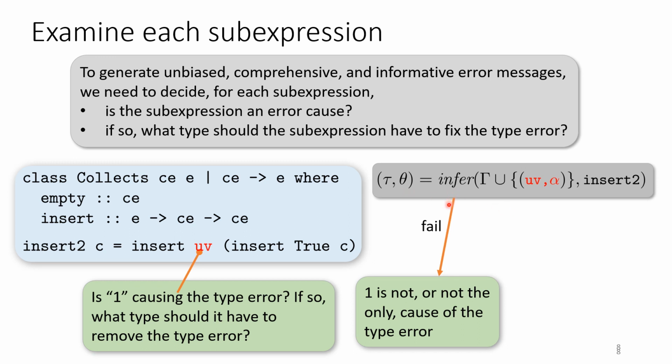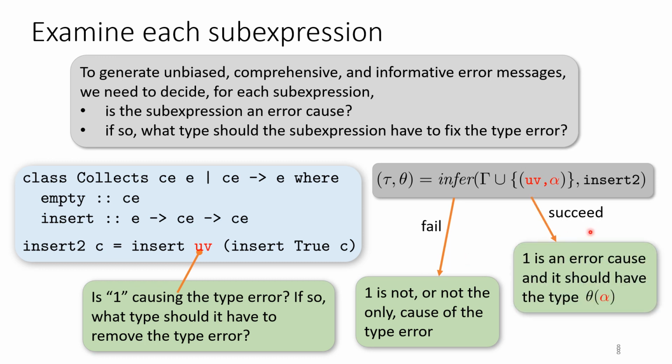The first outcome is that type inference fails, which means that even if we change one to something that has any type, the expression still has a type error, which means that one is not an error cause. It's also possible that multiple sub-expressions have to be changed at the same time together with one to remove the type error.